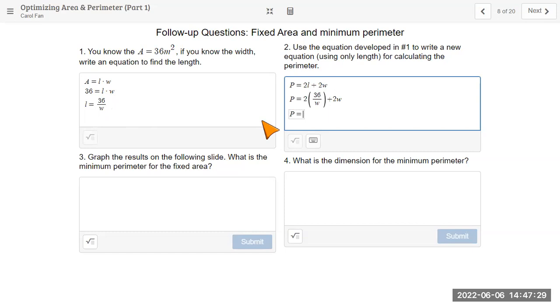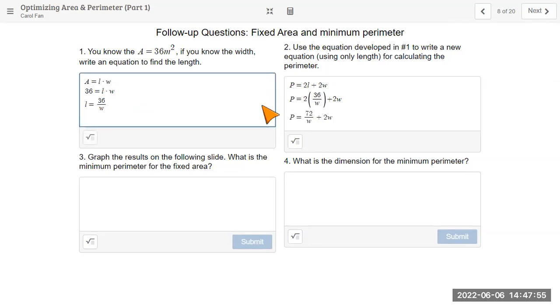Let's rewrite this: 72 over W plus 2W. So this is the equation that we have, expressing it as a width. We could do the same with length. I would rewrite this as W is equal to 36 over L, so we would be substituting it into the width instead, and we would have L's instead of W's.